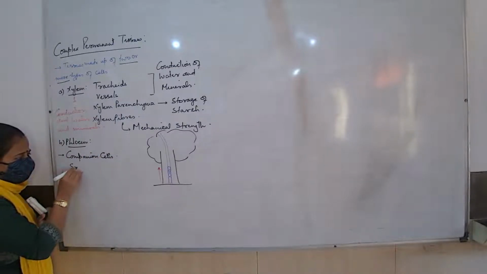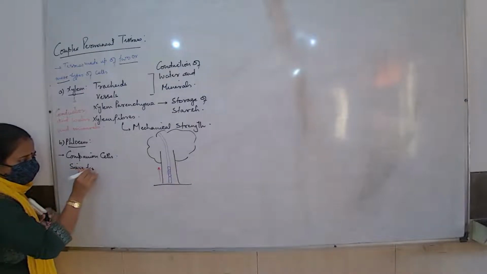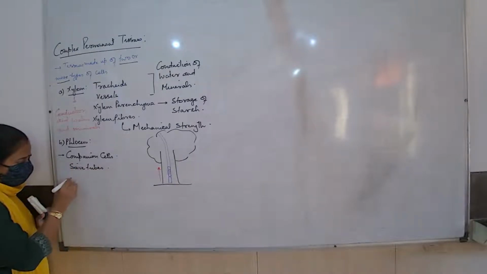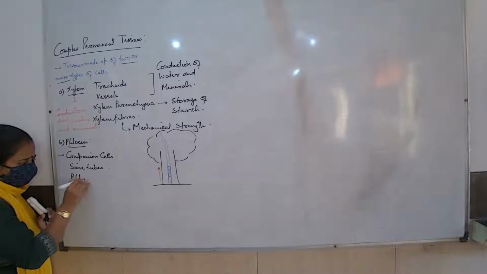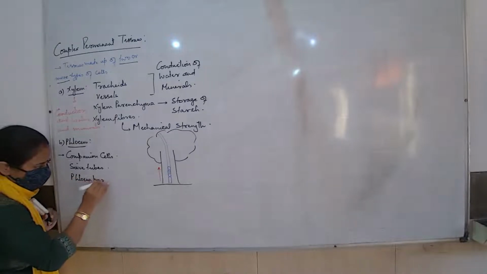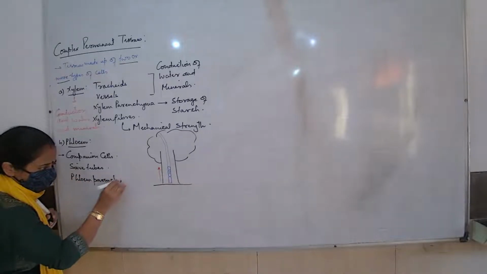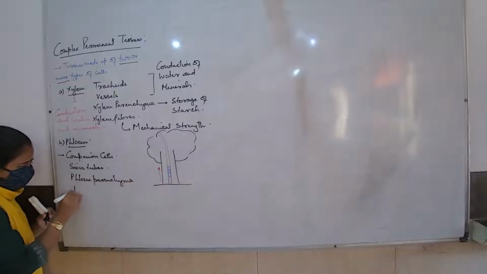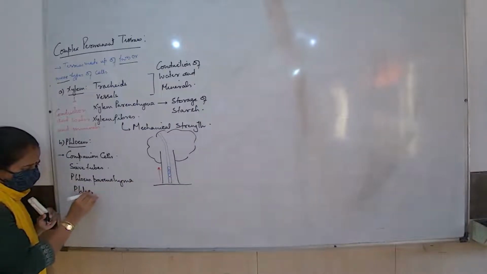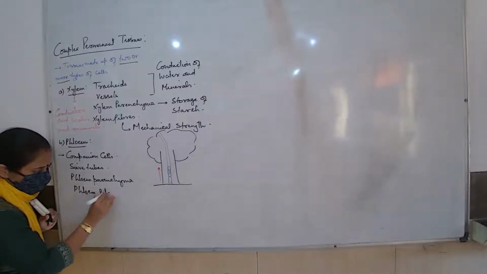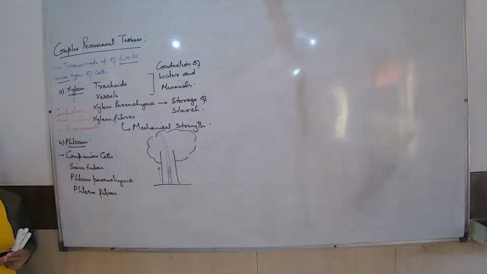Number two is sieve tubes. What is next? Phloem parenchyma. And what is fourth? Phloem fibers. So these are the four types of cells which make up the phloem.